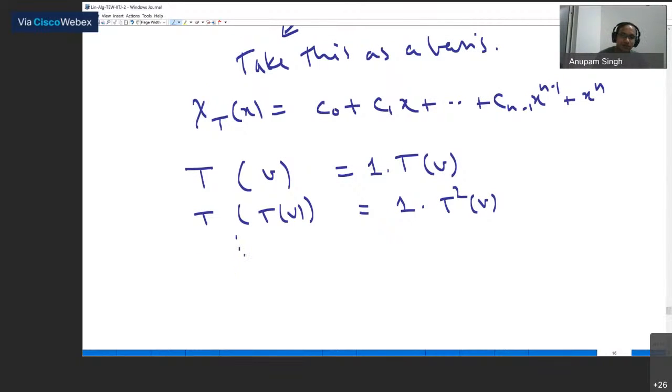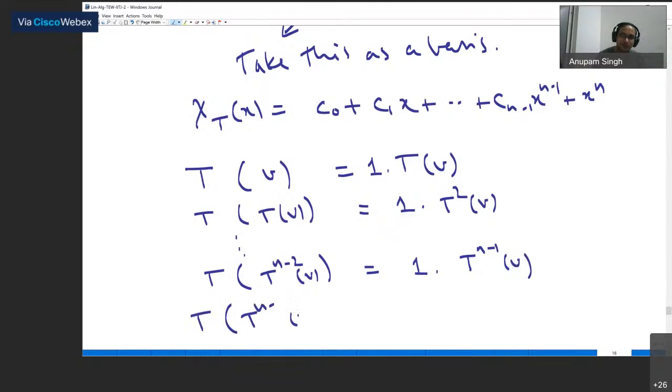So this happens up to T to the power n minus 2 v, where I simply get 1 times the next basis vector, which is T to the power n minus 1 v. But if I apply T to the last vector, T to the power n minus 1 v, something different happens, because this will become T to the power n v, which is not a basis vector. So how do I get T to the power n v?